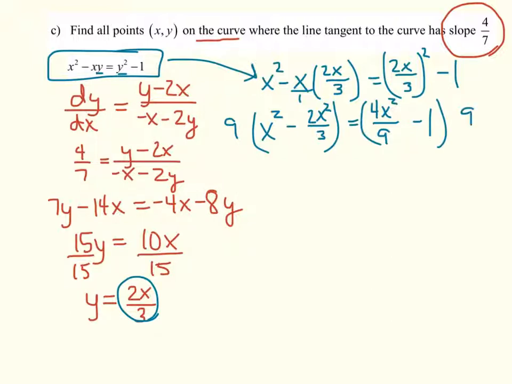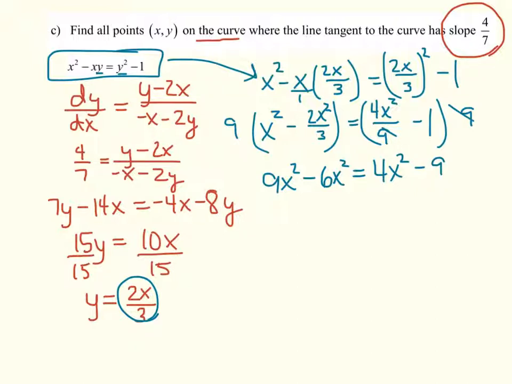That should eliminate all my fractions. So I'd have 9x squared minus, the 3 goes into the 9 three times, leaving 3 times 2x squared, so 6x squared, is equal to, here the 9's completely cancel, so we just have 4x squared, minus 1 times 9, which is 9, because I'm multiplying that to both terms.